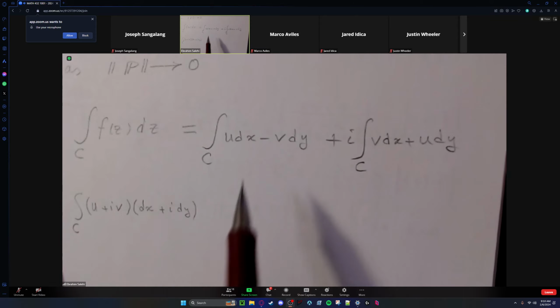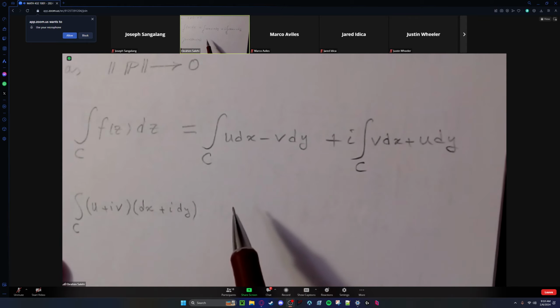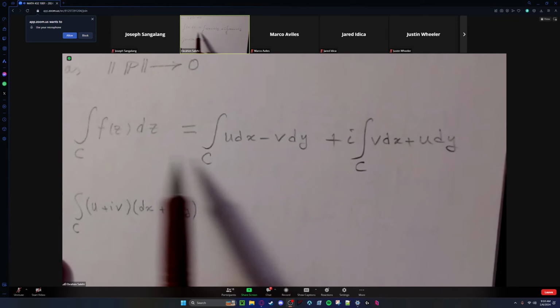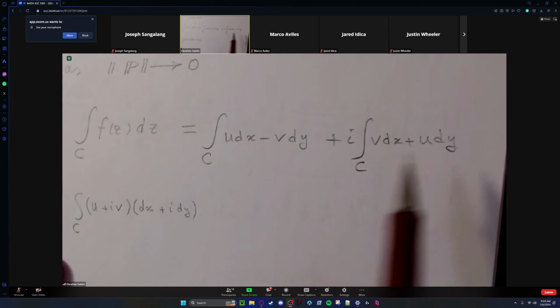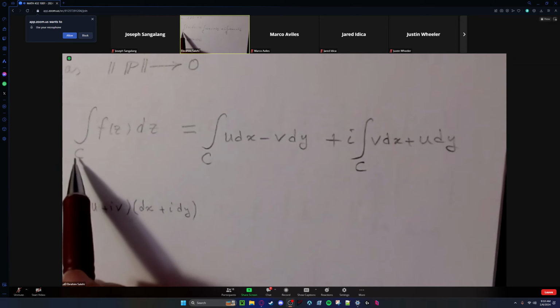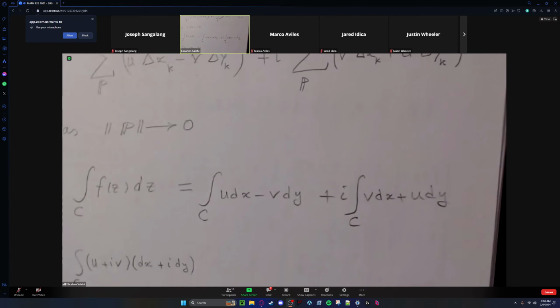Okay, keep this in mind, because later, when I talk about Cauchy's theorem, I will use exactly this equation to show that if, for example, C is a closed curve and the function is a nice function, you will get 0. That's Cauchy's theorem, okay? Keep this in mind.